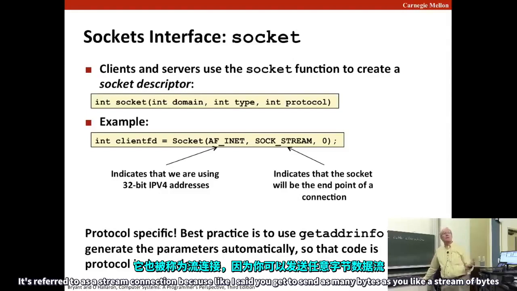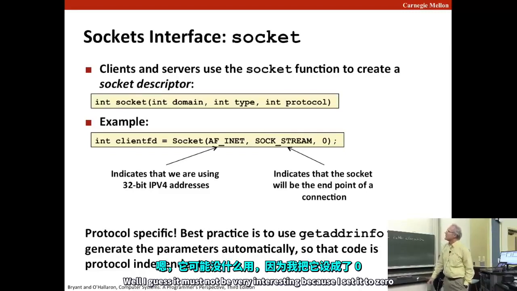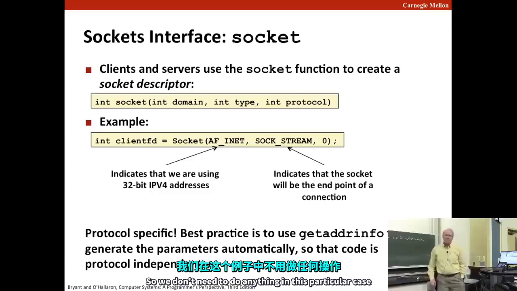It's called a stream connection because you get to send as many bytes as you like, a stream of bytes in either direction. The third is the protocol, which is 0, so we don't need to do anything in this particular case.